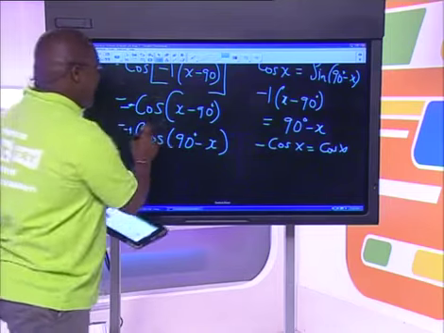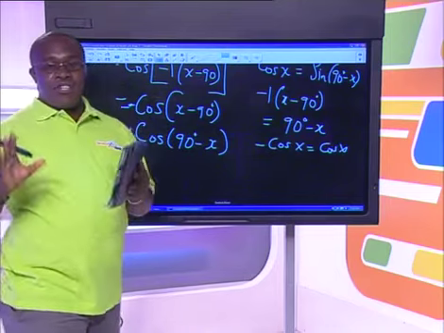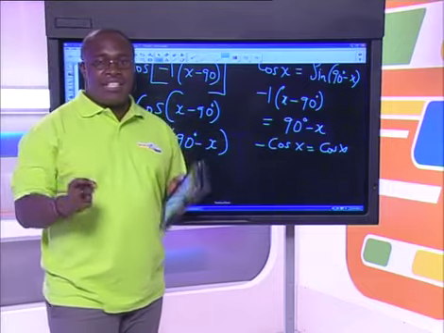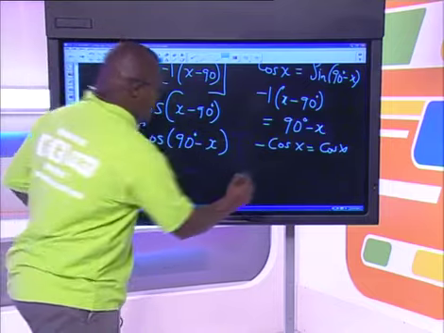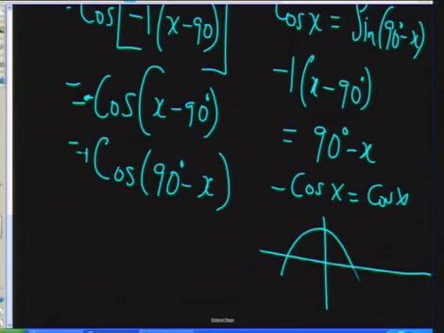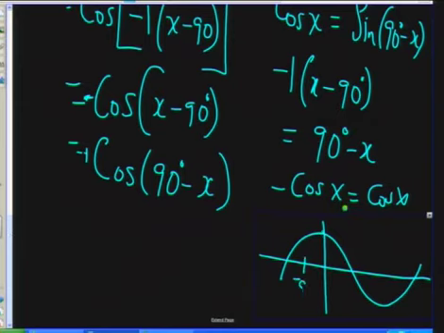Cos 90 minus x. Just to clarify, I am using the fact that cos is symmetric. What do I mean by symmetric? If you draw the cos graph, at the origin here, you'll find that cos of negative 90 degrees is the same as cos of 90 degrees. So that's the symmetry that I'm talking about.